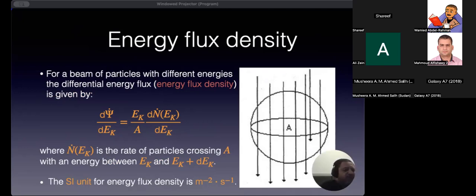This is sometimes confusing to me, because when we look at the energy fluence, we think it should be joules per meter squared, energy divided by area. But when we're looking at the energy fluence density, it's just per area, because we're going to integrate over all energies.